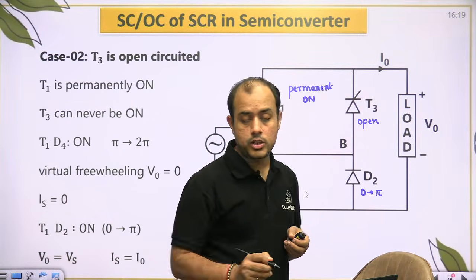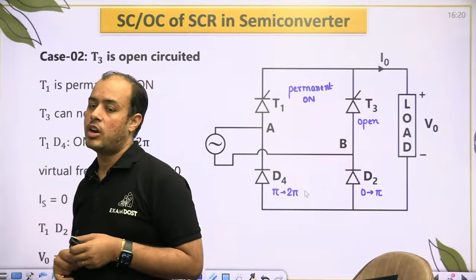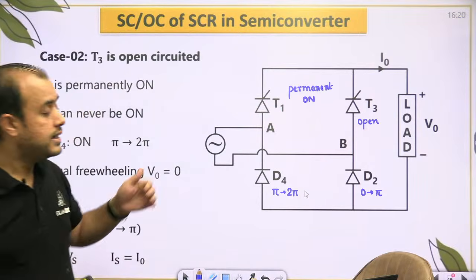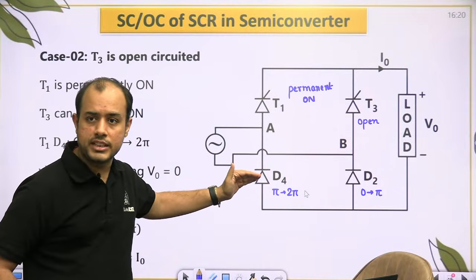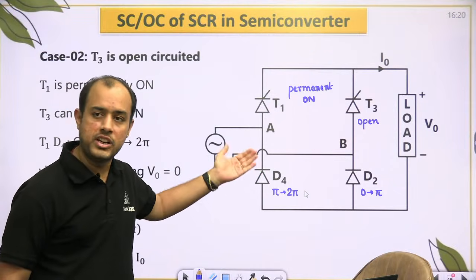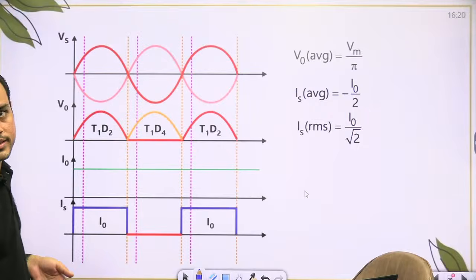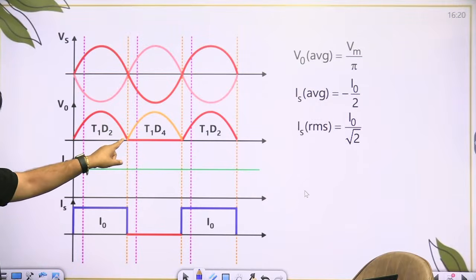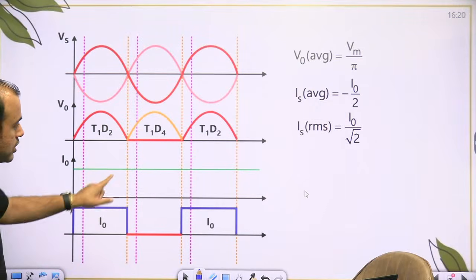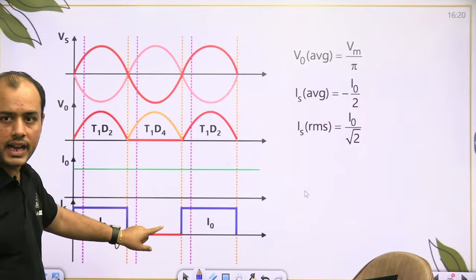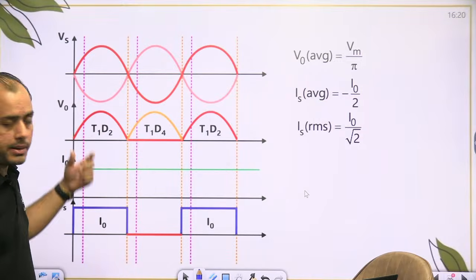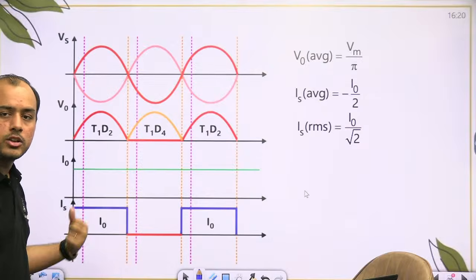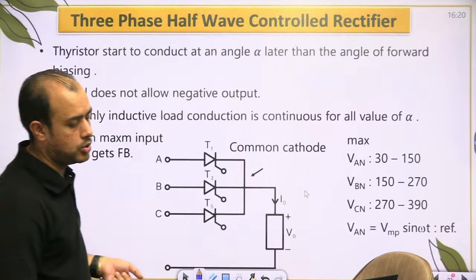So T1 D2 from 0 to pi, V0 is Vs, Is is I0. T1 D4 same branch, pi to 2 pi, so V0 is 0 and Is is 0. So average Vm by pi, average I0 by 2, RMS I0 by root 2.